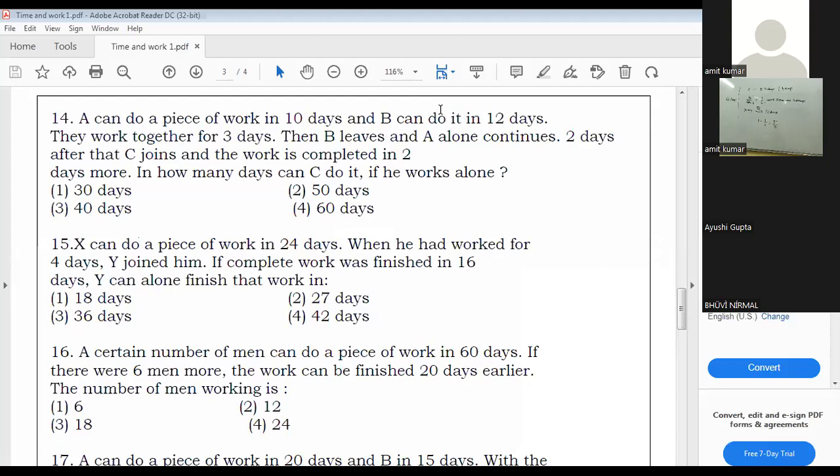We have to solve question number 15. We are trying to solve question number 15 right now. Sorry.